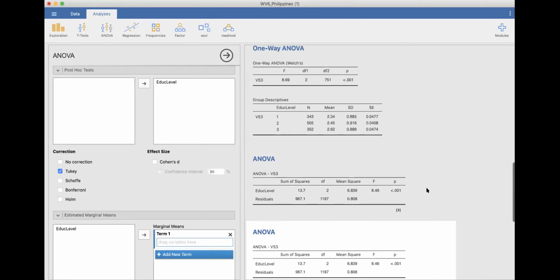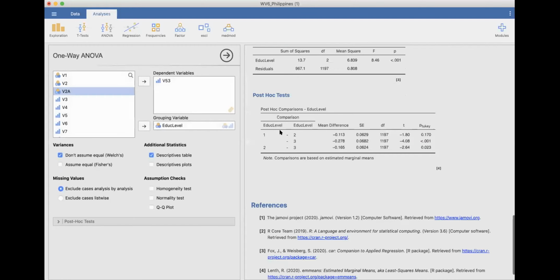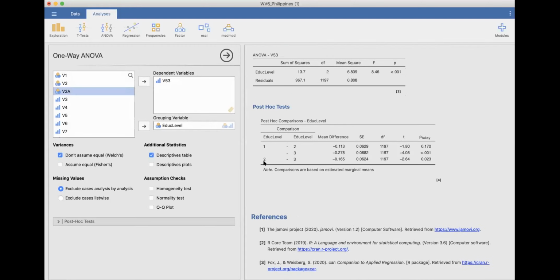Okay, so Michelle, interpret based on the means. Based on the means, those who finished elementary? Or those in the elementary group? No. It's, Michelle, it's 2 and 3.